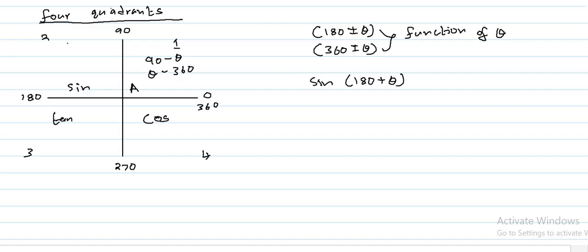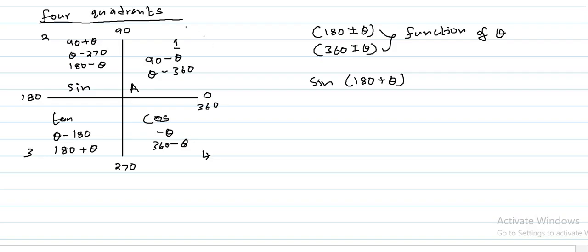Then quadrant number 2, we have 90 plus theta, or theta minus 270. You also have 180 minus theta. Quadrant number 3, we have theta minus 180, or 180 plus theta. Quadrant number 4, we have negative theta, or 360 minus theta.